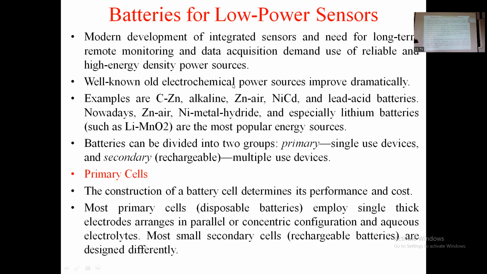Okay, so electrolyte. So in that there is a thick electrode, and it will be used in parallel or it may be in concentric form. Again, in case of secondary cell, it is called a rechargeable battery, and this rechargeable battery is designed differently.